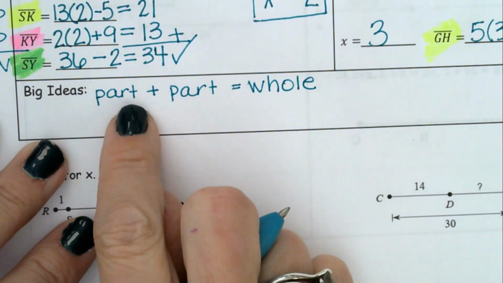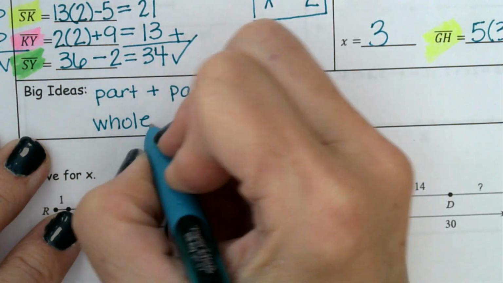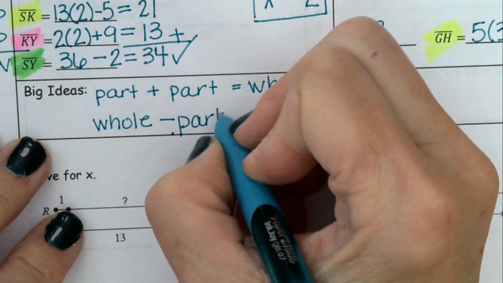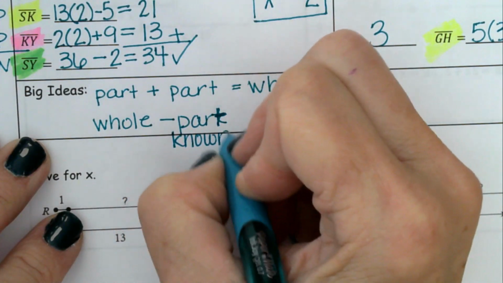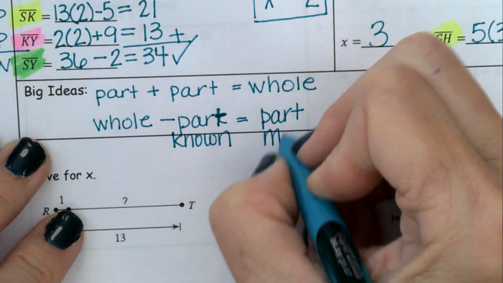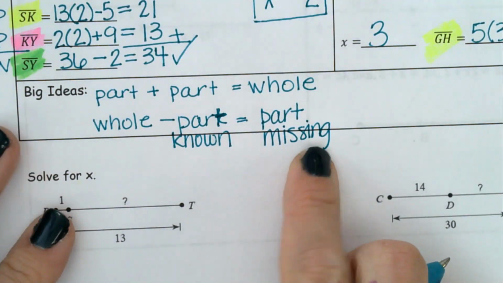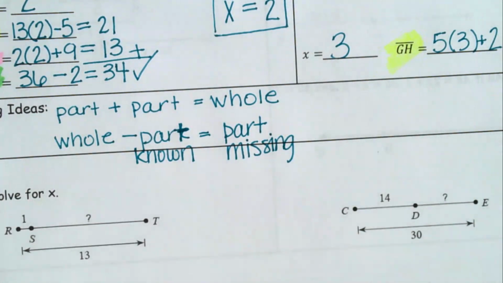If you have the whole thing, instead of adding, you have to subtract the part you know. Part known. And this will be part missing. If you're missing a part, you take the part you know and you subtract it from the whole thing. That's how you get your stuff.